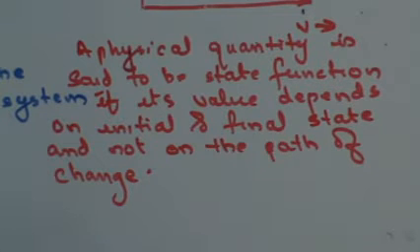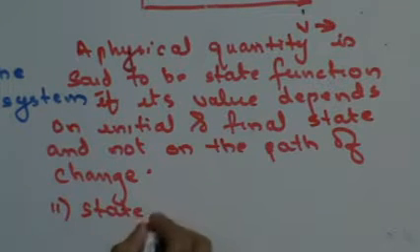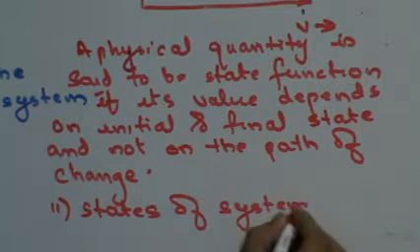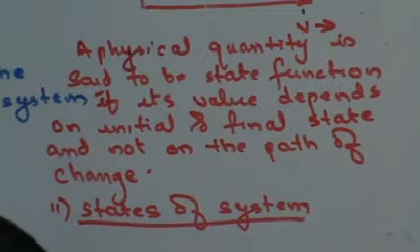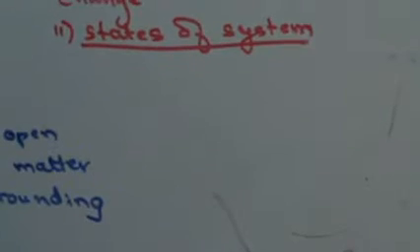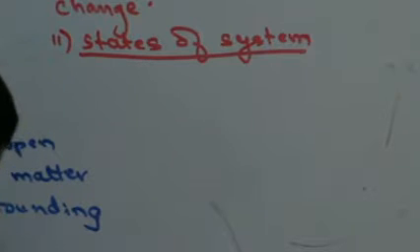what are the different states of a system? What are the different states of a system? The state of a system is the condition of the set of properties of the system, by changing one of which you can change the system.